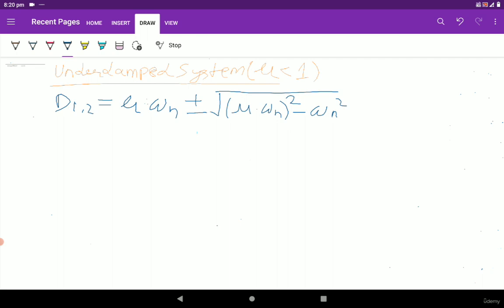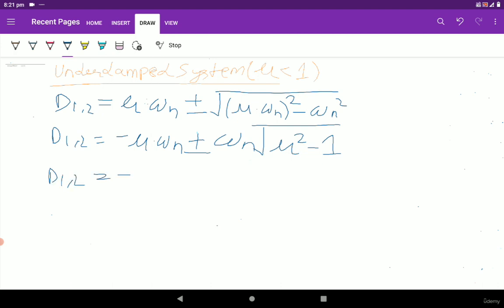Now further solving it, d1 of 2 solution is minus zeta omega n plus minus omega n under root damping factor square minus 1, that is minus damping factor omega n plus minus iota omega n under root 1 minus damping factor square.